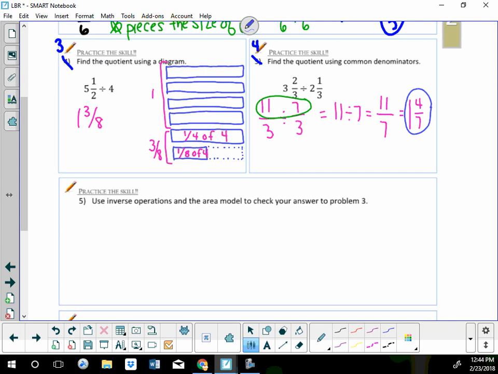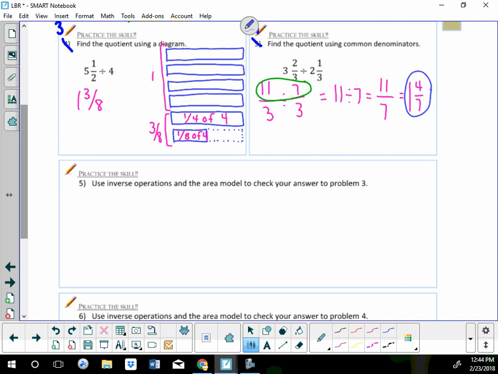So sometimes you'll have multiple strategies, but you can also use your inverse operations to check your answers. So the inverse operation of division is multiplication.